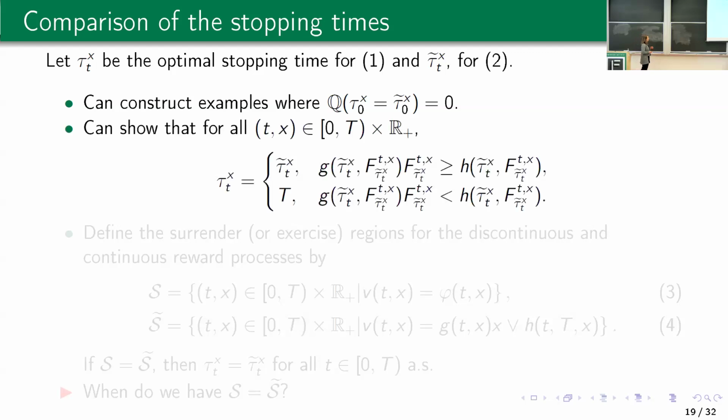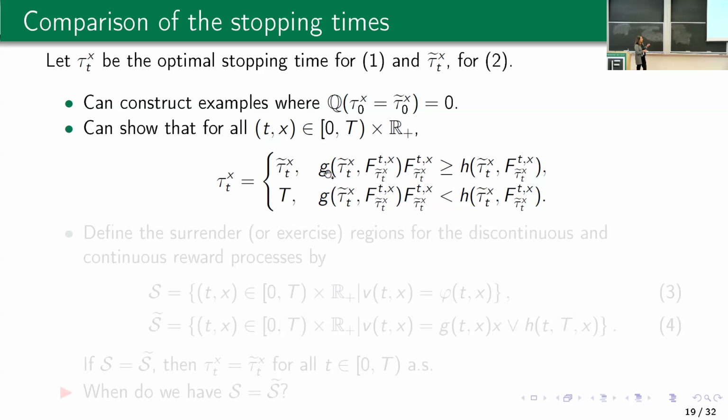In general, we can show that tau, the optimal stopping time for our original reward process, is basically the one for the continuous reward process when this reward process is stopped, or when the reward is basically the surrender benefit.